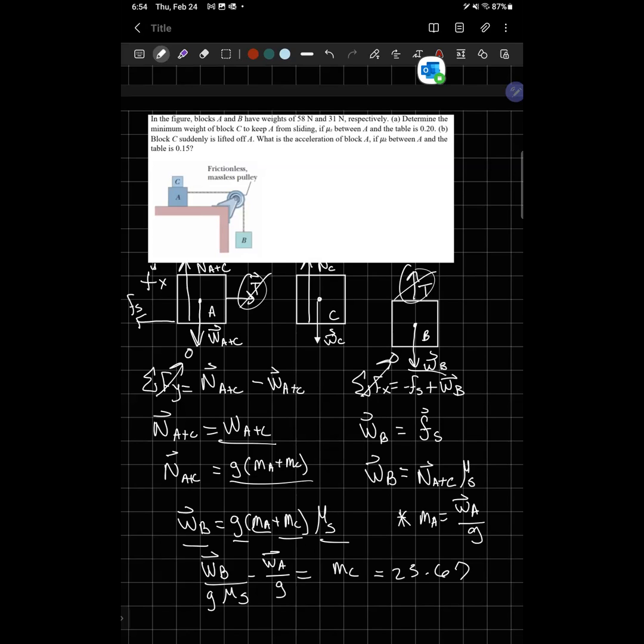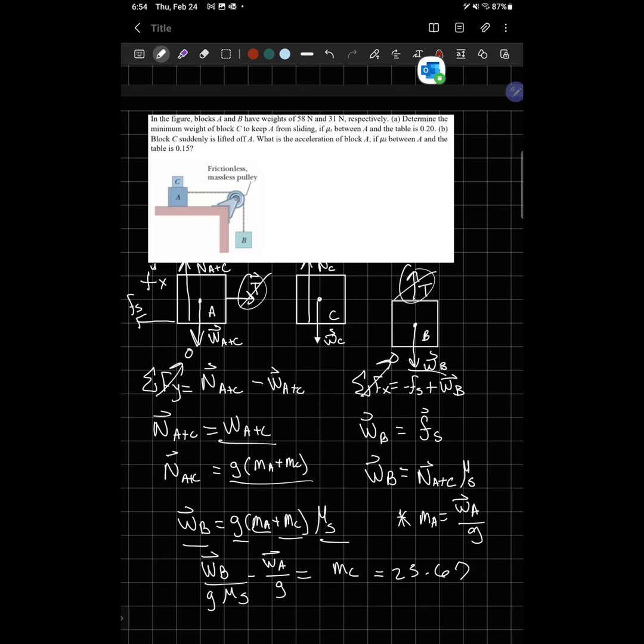Am I done though? Oh, so it's asking if it's lifted, like, there's a second part of the question, right? No, so part A, what does it ask for? It asks the minimum weight.